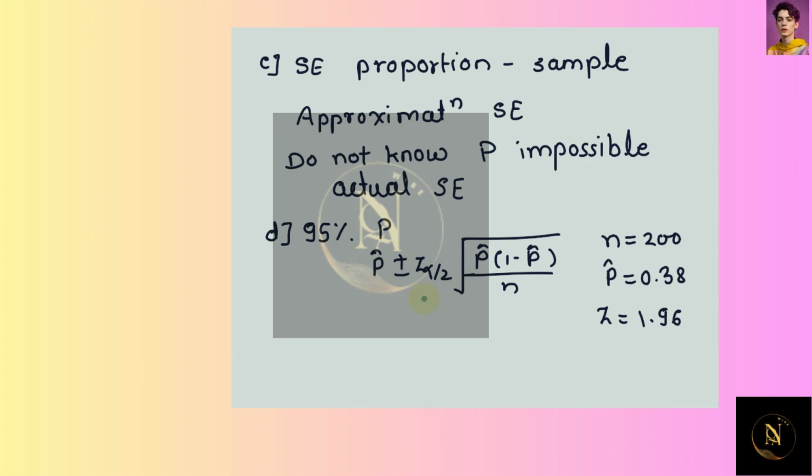Substituting these values, we get the 95% confidence interval as 0.312, 0.448. So, we are 95% confident that the true proportion of college students who have made at least one online purchase in the last 3 months is between 0.312 and 0.448.